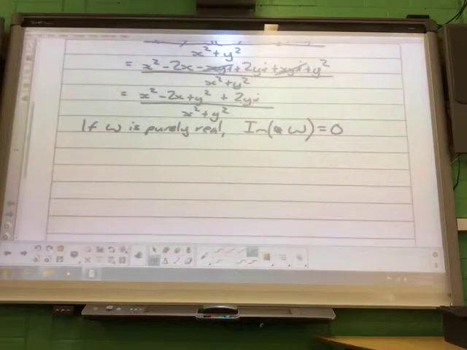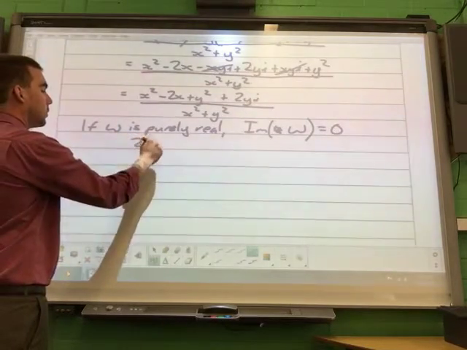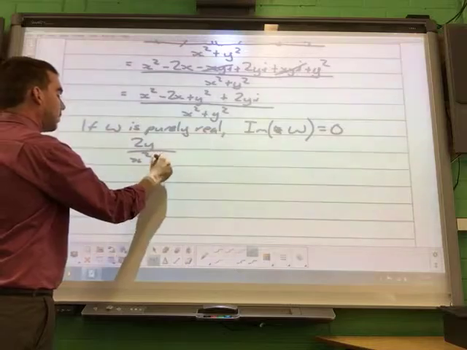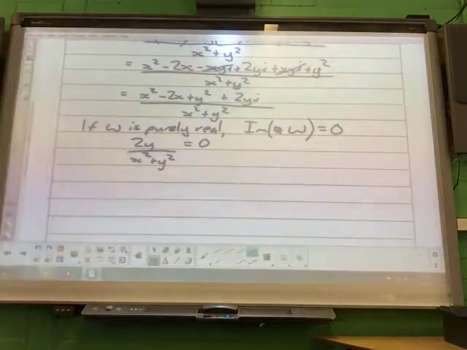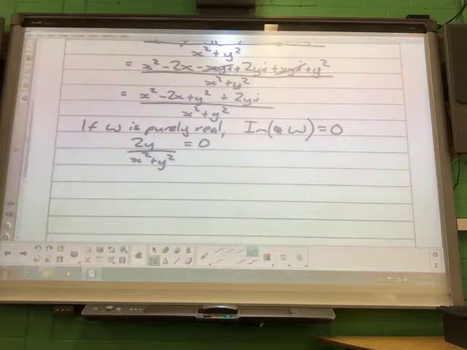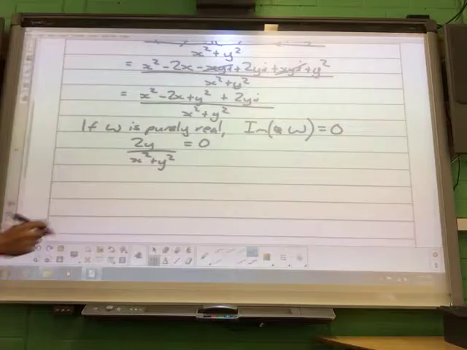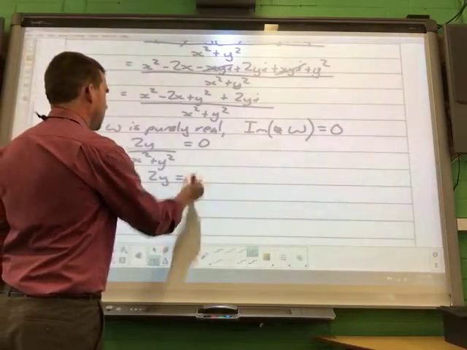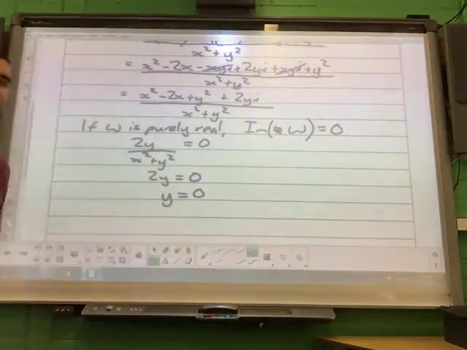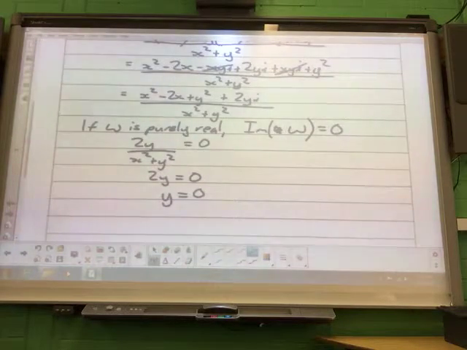Okay? So if omega is purely real, that means that the imaginary part must be 0. So in other words, 2y over x squared plus y squared must be 0. So 2y is 0, y equals 0. So we've got the real axis.